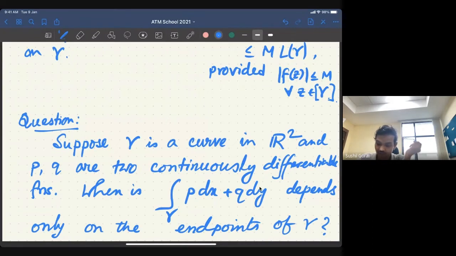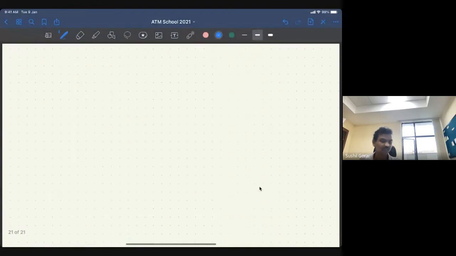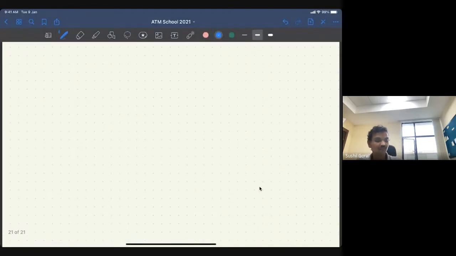Well, you can take smooth or piecewise smooth curve. And this question is whether integration of p dx plus q dy depends on the endpoints of gamma or not. That is a valid question. So let's see the answer to this one.